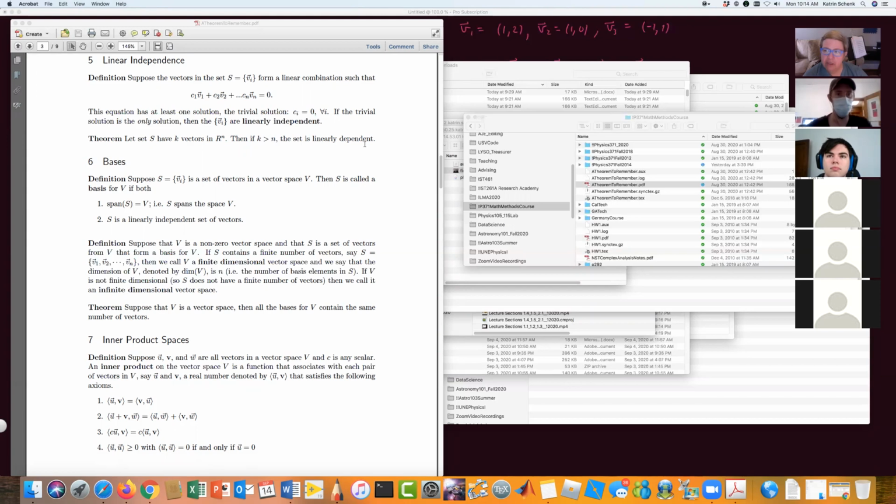So there's something really unique about that number, right? The number of vectors that you have. Okay. So it looks like the number of vectors has something to do with the dimension of the space. And in fact, that is the case.